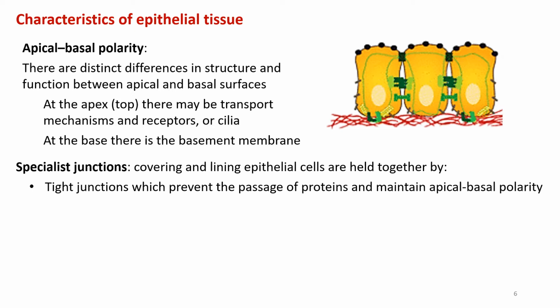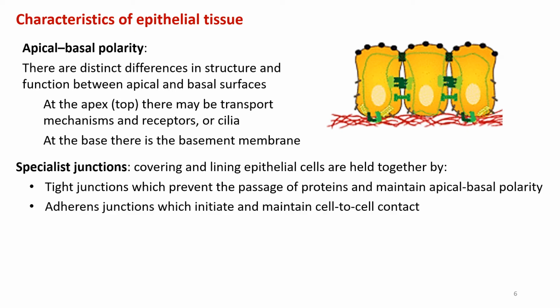So first up, closest to the top, closest to the apex of epithelial tissue, we have tight junctions. And these prevent the passage of proteins, and they also maintain apical basal polarity.